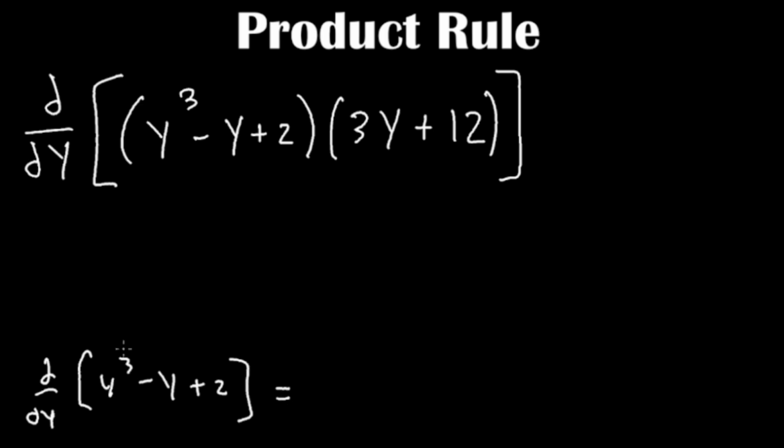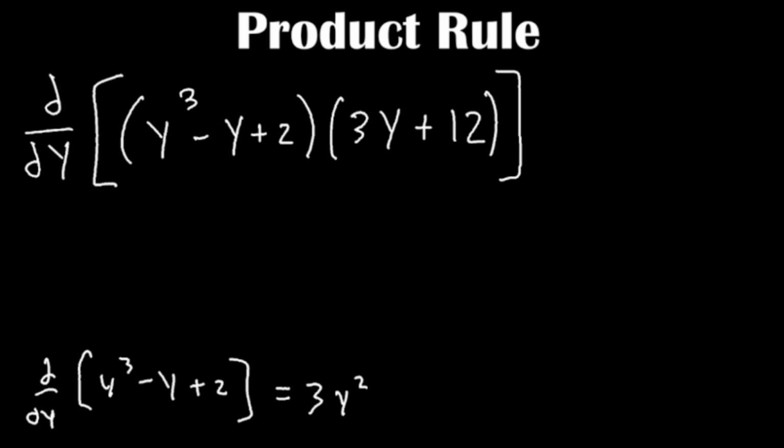So for y cubed, we bring down the 3 and we multiply by y squared because we're bringing down that power by 1.